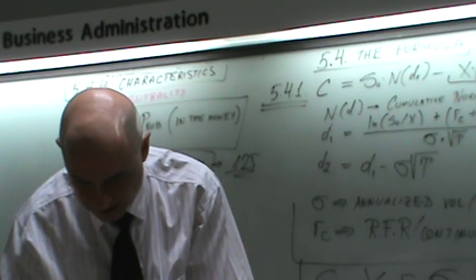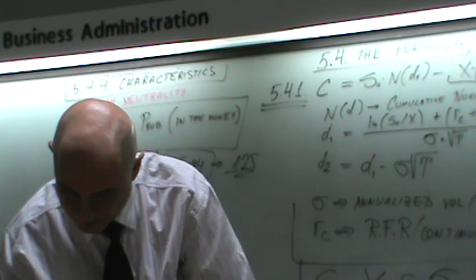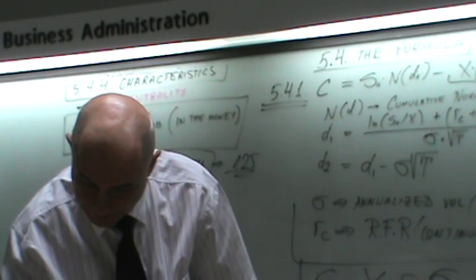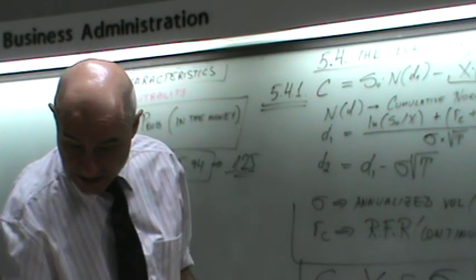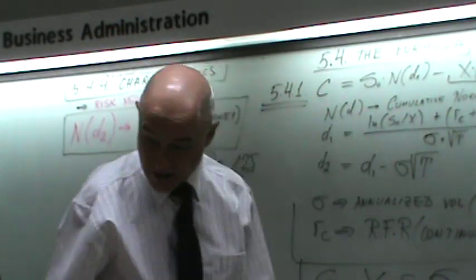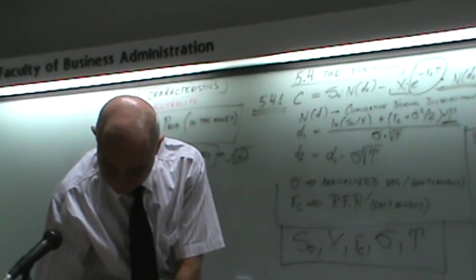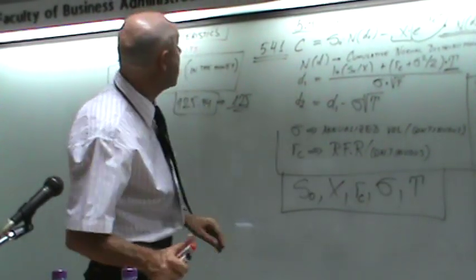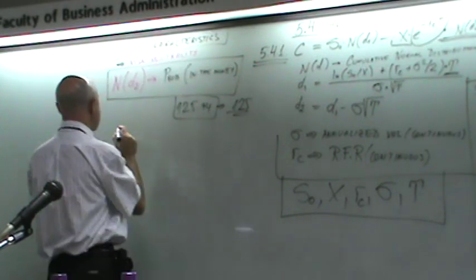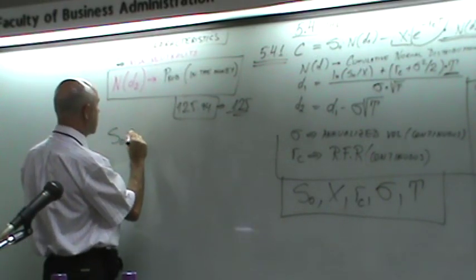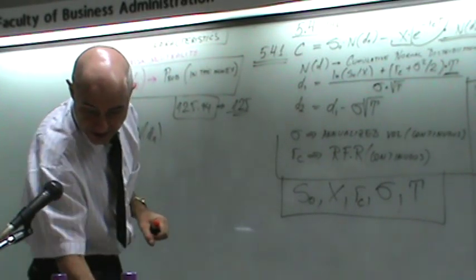Risk neutral probabilities. Okay, so I got the D1 term over here. S0 times N(D1).